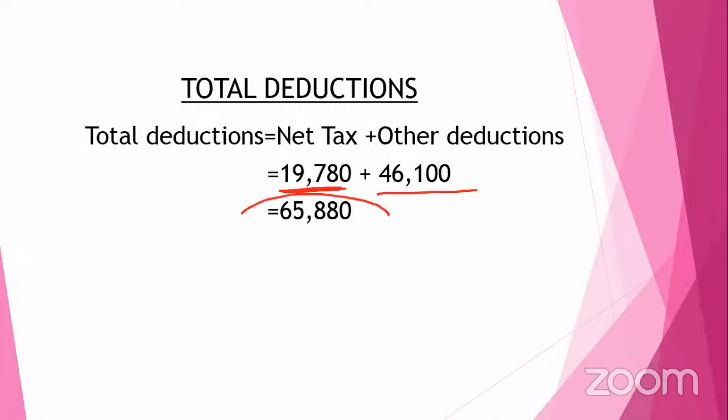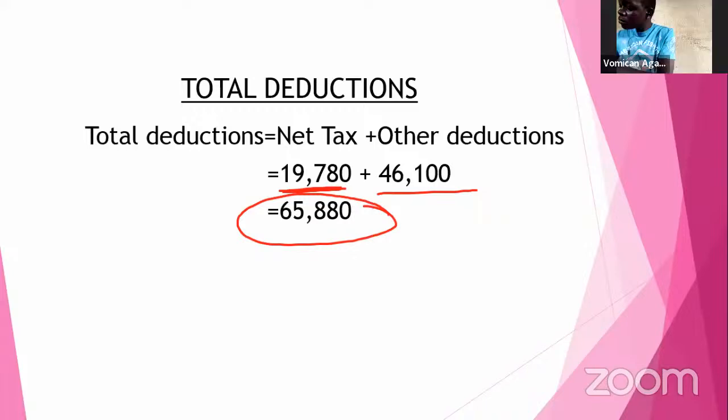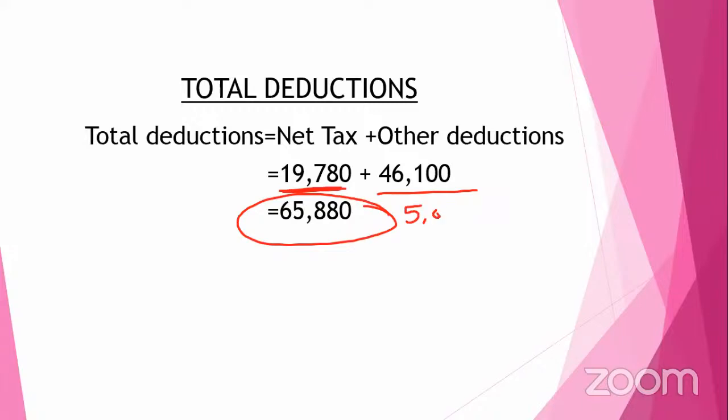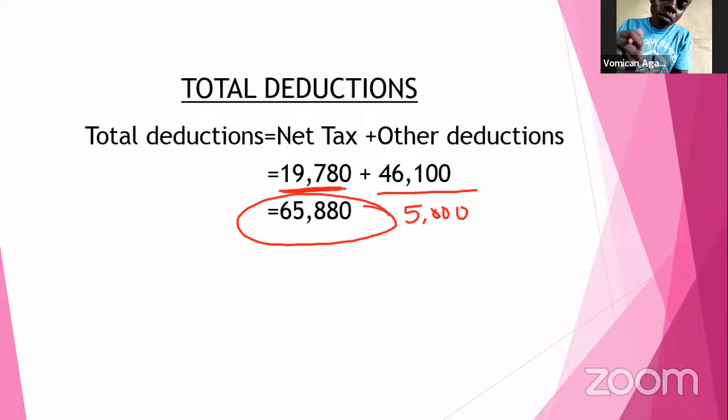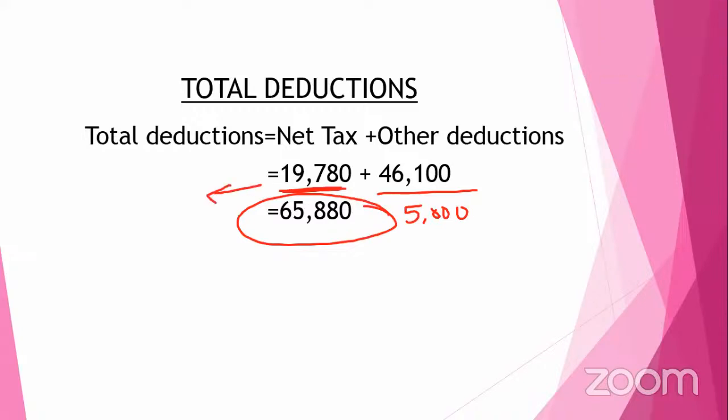So in total, these now are the total deductions. Remember, I've said if there was an insurance premium, this would have gone 5,000 higher. If there was tax relief, the tax goes down. Introduce the premium, the deductions go up.